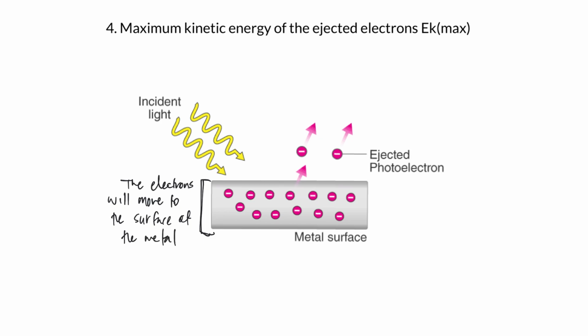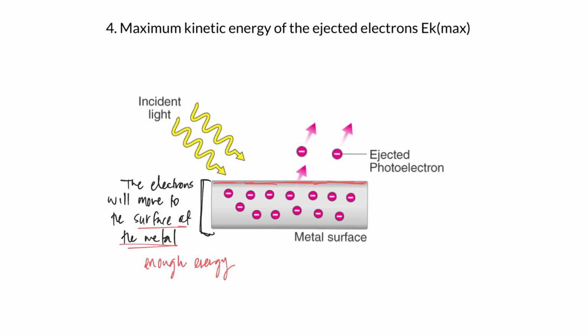So when we mean the surface of the metal, we're looking at this zone on top here. Right? So that's the first part. Now, in order to move to that surface, they must have just enough energy.